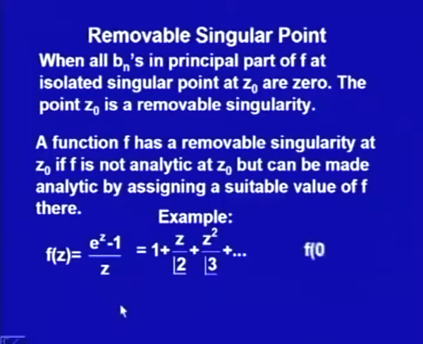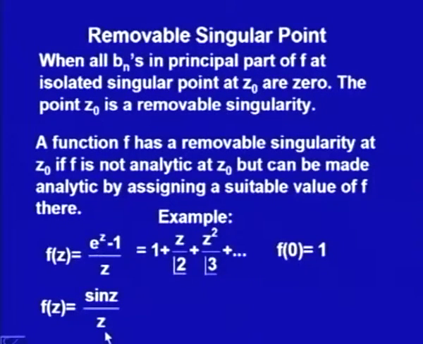If I define f of 0 as 1, then you will find that the function is now analytic. You can check that this function f of z, e to the power z minus 1 upon z for all points z not equal to 0 and equal to 1 for z equal to 0, is an analytic function. One more similar example is sin z upon z.